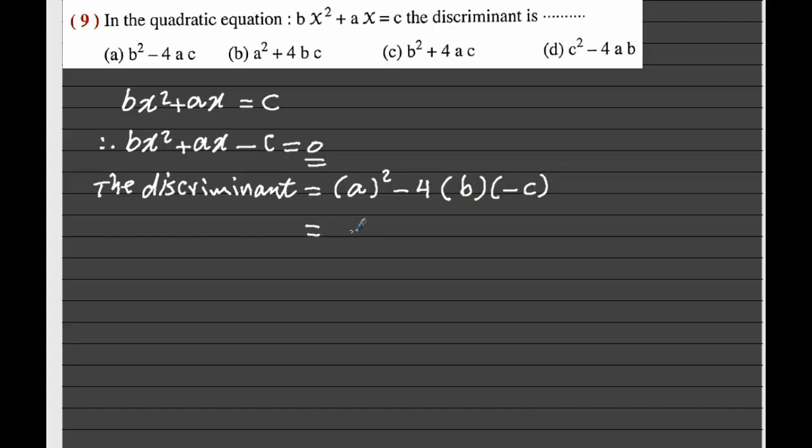So the discriminant equals a power 2 minus 4 b multiply negative c, which equals a power 2, negative multiply negative, it is positive, 4bc. And the solution will be letter B here. A square plus 4bc is the value of the discriminant.